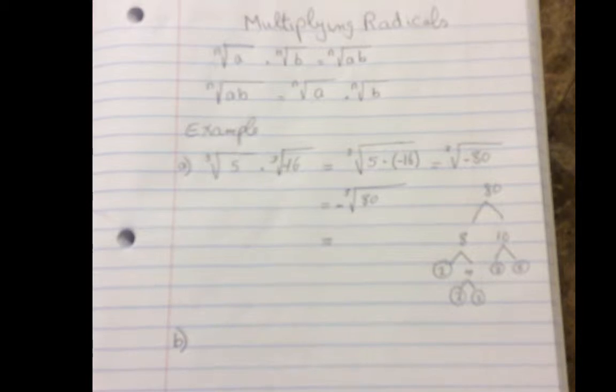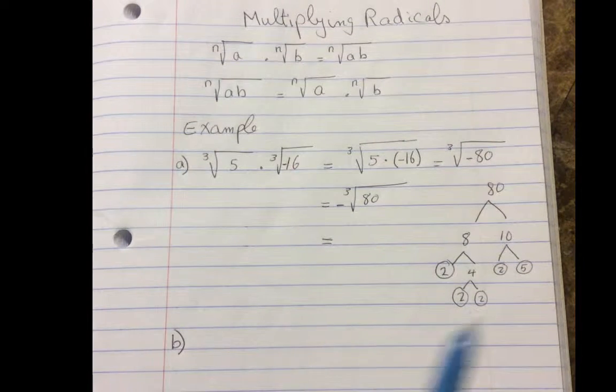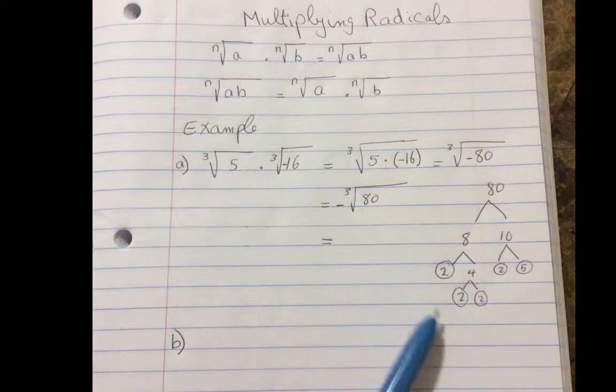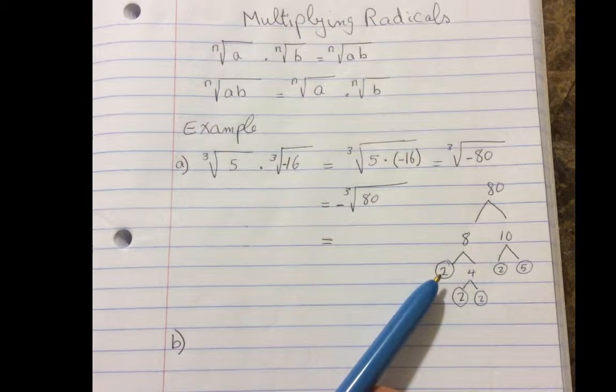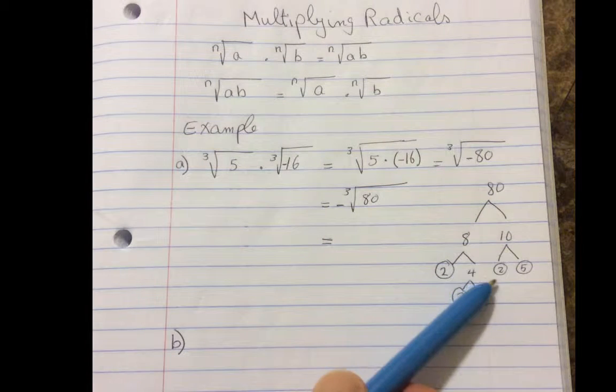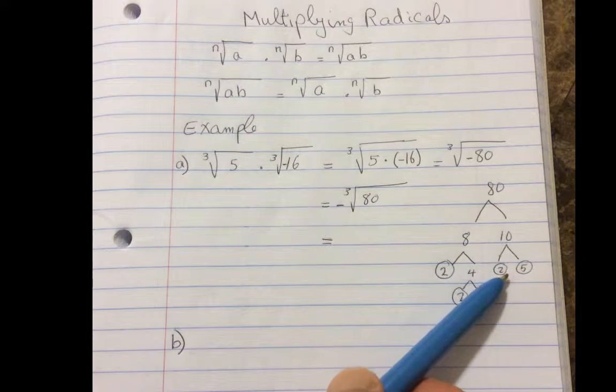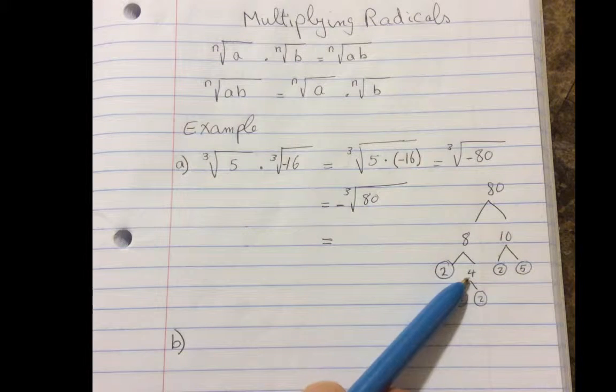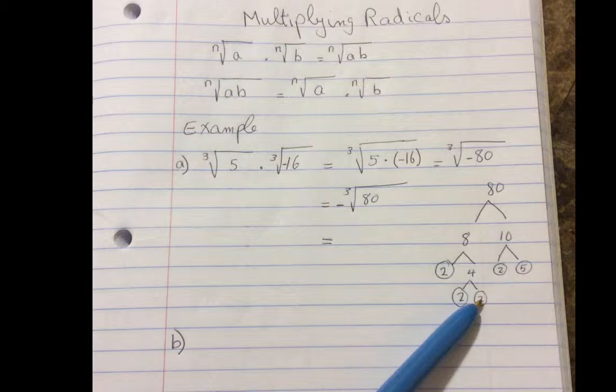Then we factor each one, the 8 and the 10, because neither one is prime. We can divide 8 by 2, we get 4. 2 is prime, 4 is not. We can divide 10 by 2, we get 5. 2 is prime, 5 is prime, so now only this 4 is not prime, so we factor it into 2 times 2.